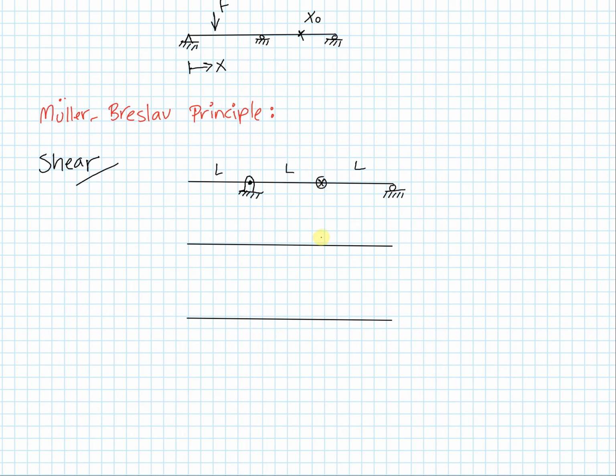So with the Muller Breslav principle, it tells us that for shear, we need to introduce a slider. And a slider is an interesting type of connection because it results in vertical deflections in beams.